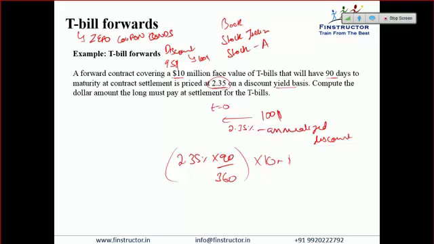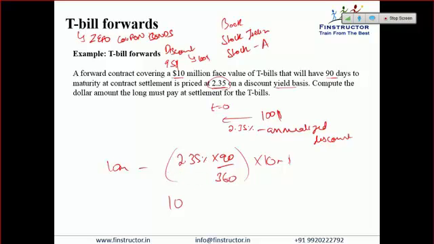That is, if the T-bill is going to redeem $10 million, then the short is willing to sell this bond for a price of 10 million minus the discount.